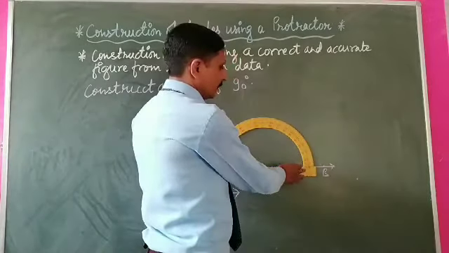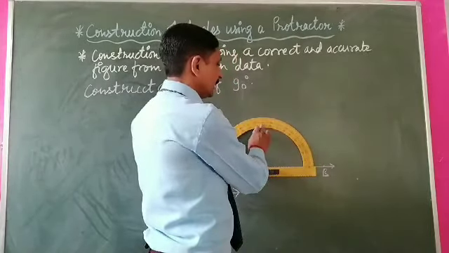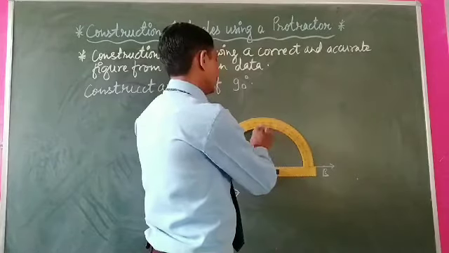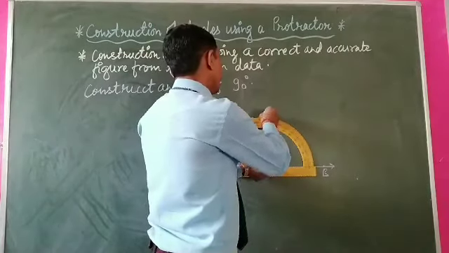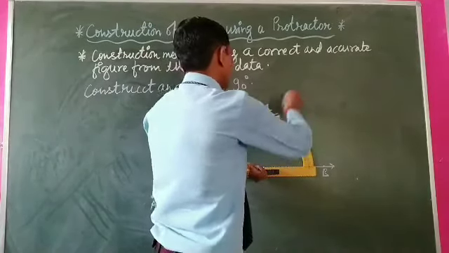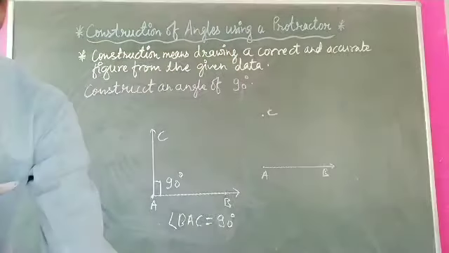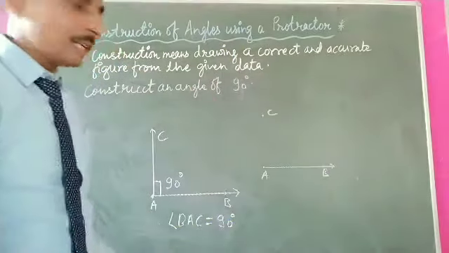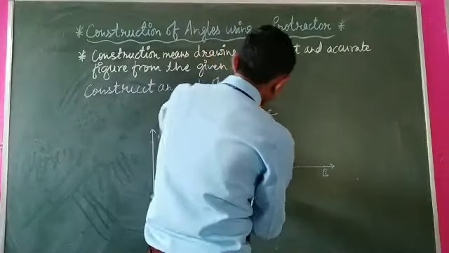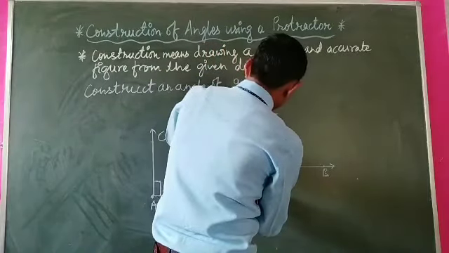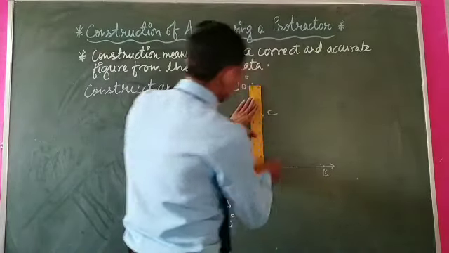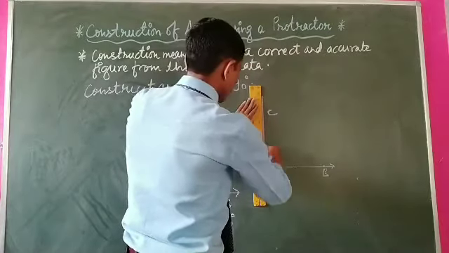Now read from 0 to 90 degrees on the inner scale and put a point C at 90 degrees. Now remove the protractor and use a ruler to join the vertex and the point C.